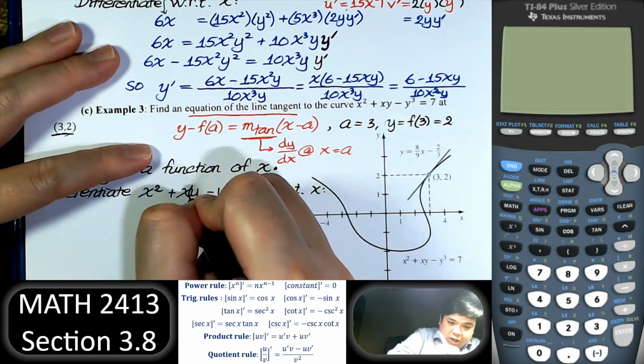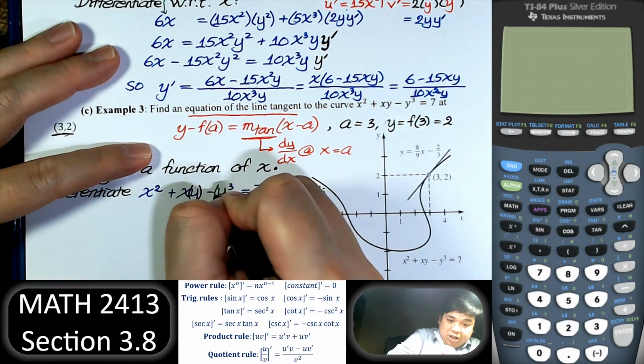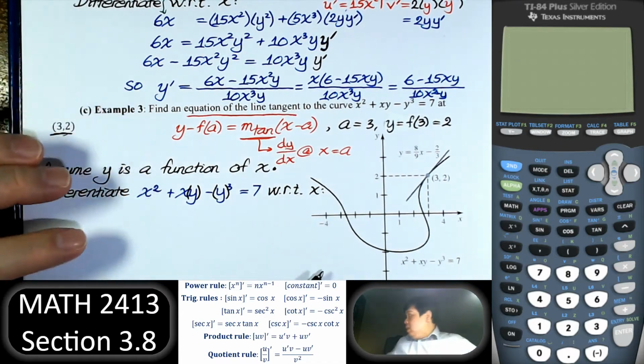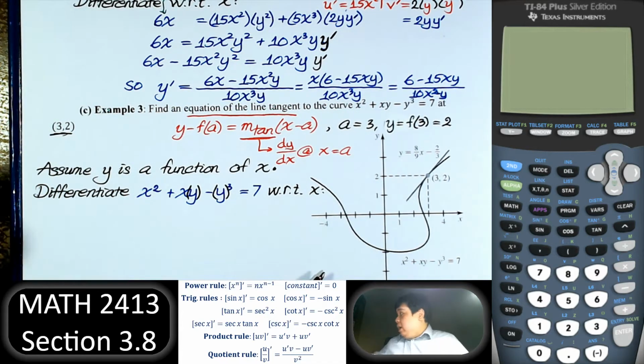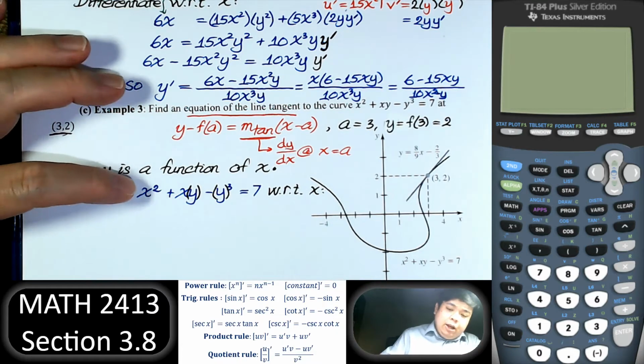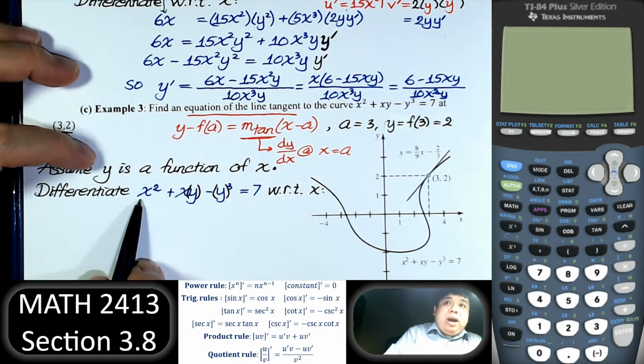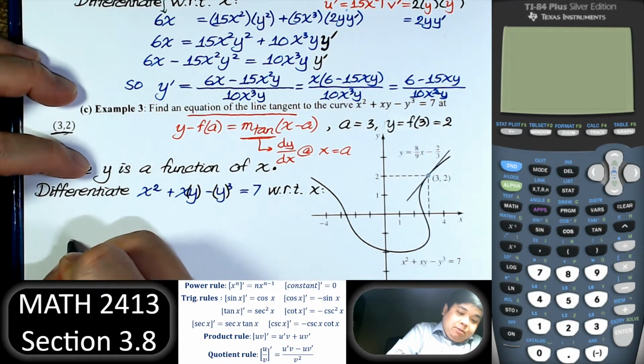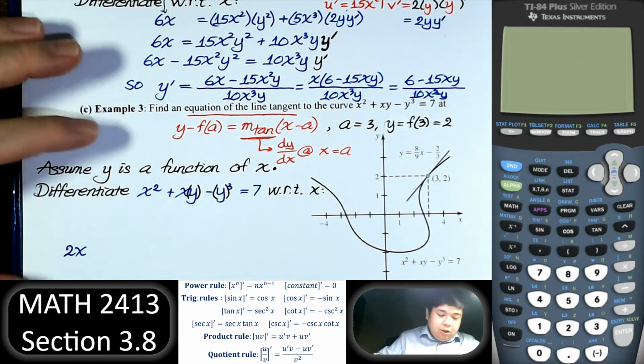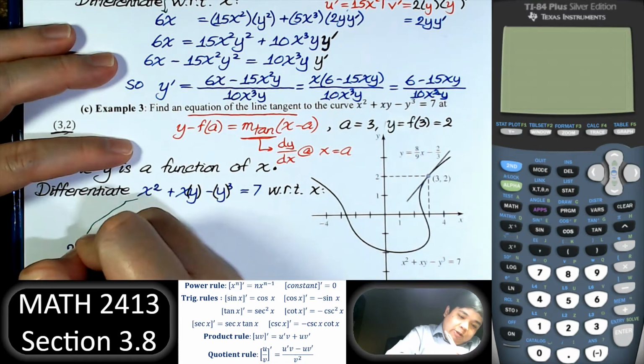And since y is a function of x, I put the parentheses around that to signal that we have x inside the y, and so we have to use the chain rule for it. Right, now derivative of x squared, that is 2x. That's the first one.